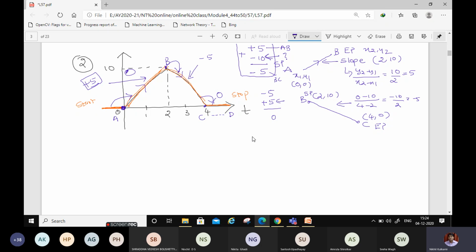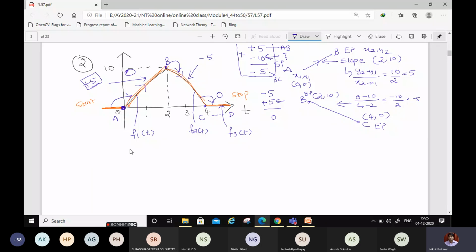First, if you check the given figure and plot it as it is, I can say that this is made up of three functions: f1 of t, f2 of t, and f3 of t.